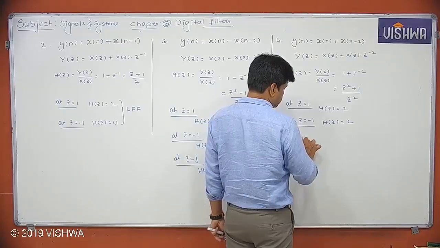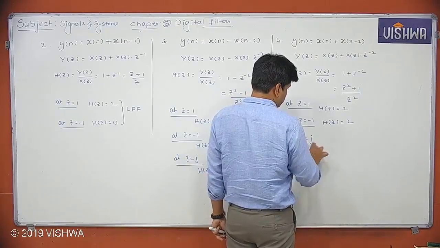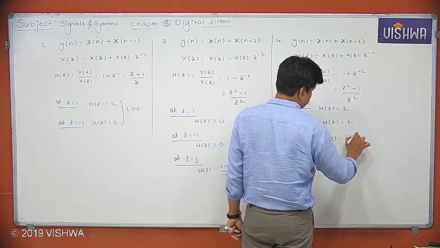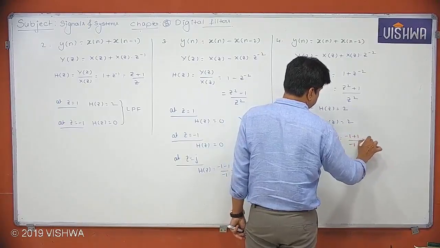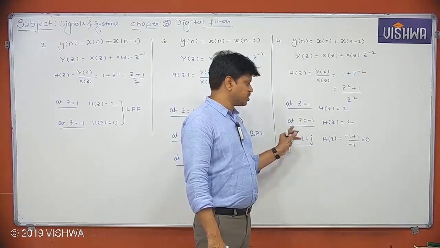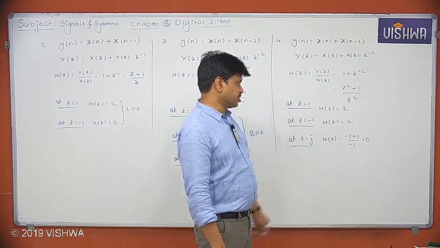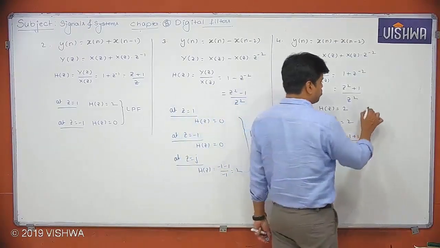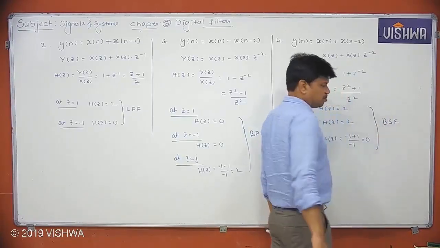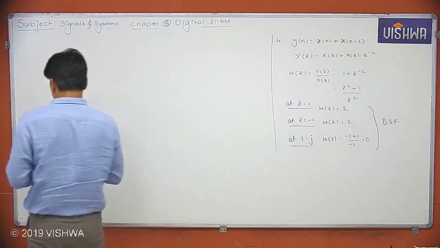At z is equal to j, H of z is equal to minus 1 plus 1 by minus 1, which is 0. So it is allowing high frequencies, it is allowing low frequencies, but it is not allowing mid frequencies. So it is a band stop filter.